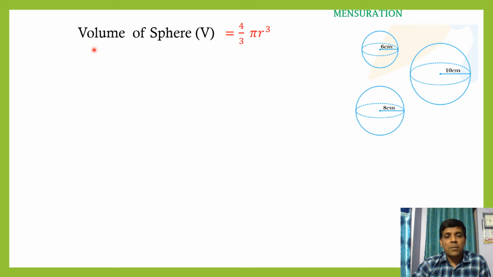Volume of sphere: V = 4/3 π r³. What is the formula for the volume of a sphere? V = 4/3 × π r³.